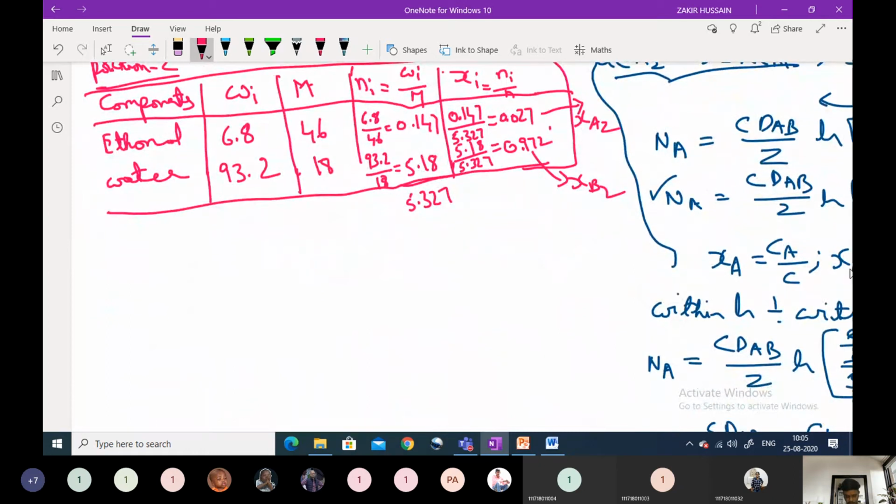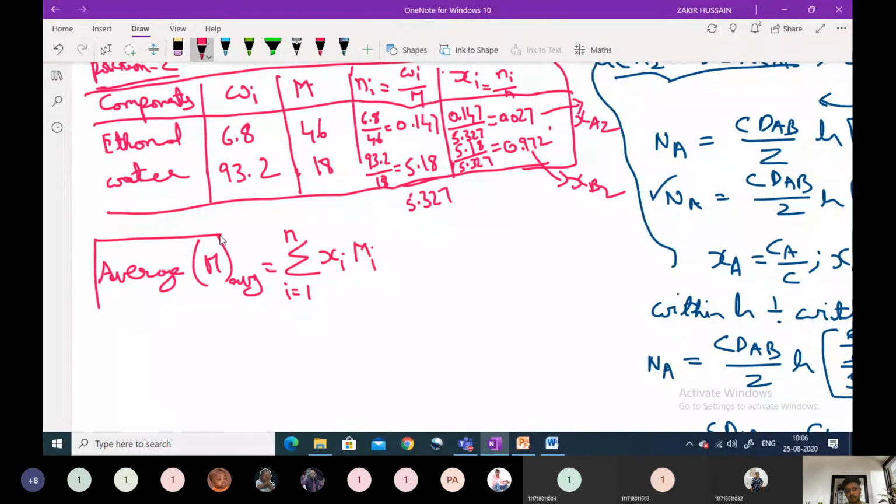First of all, at position 1, we have to calculate the average molecular weight, which we take as m average. In CPP you might have seen this: the summation over components i equal to 1 to n of mole fraction times molecular weight is the average molecular weight.